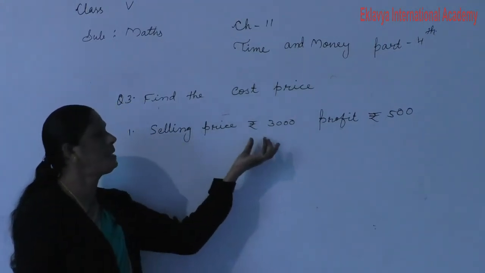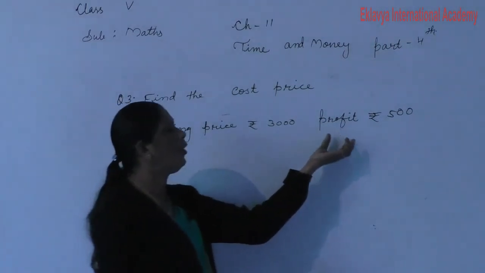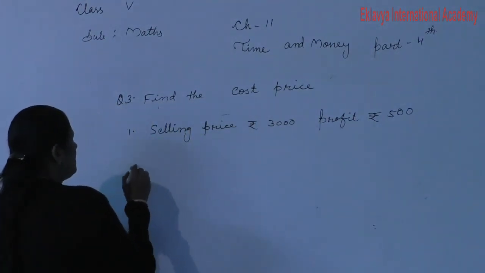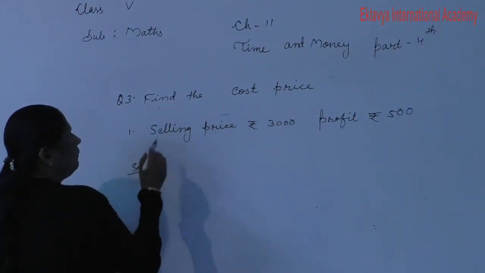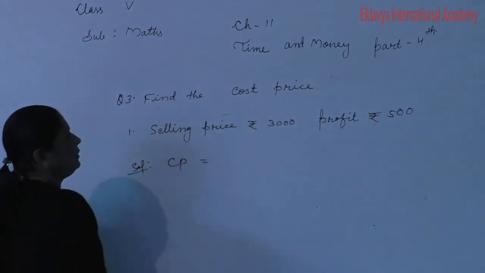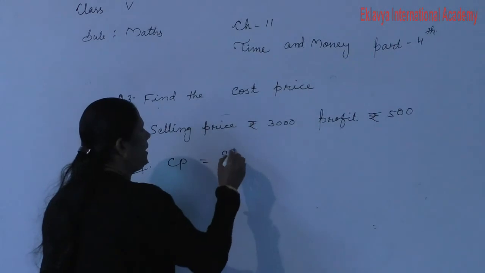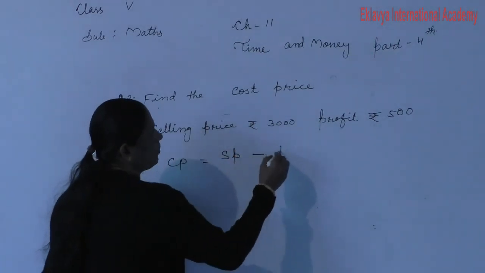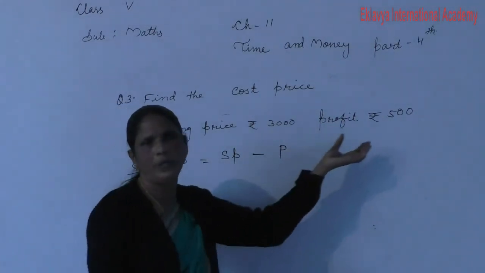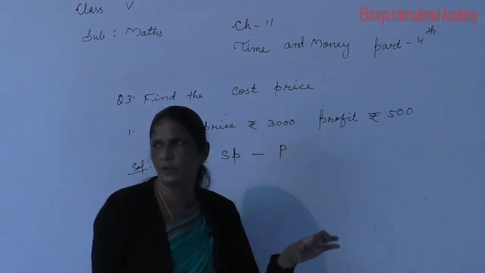Selling price rupees 3000, profit rupees 500. First, the solution. What do we find? Cost price. CP is equal to SP minus profit. Why do we put this formula? Because profit is given in the question.